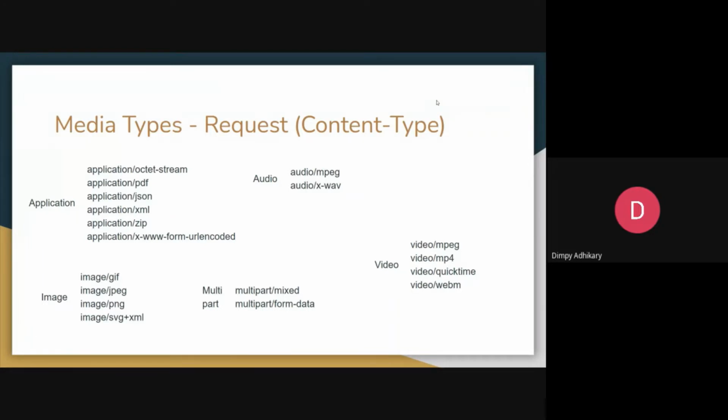If you see the application side, if you remember when we did the Dropbox demo, we were sending a file and we used application/octet-stream. Similarly, for different data types, we can use different media types.